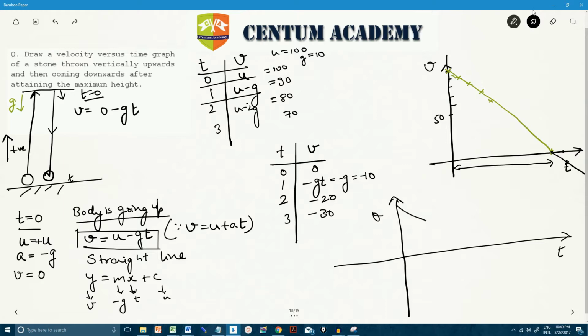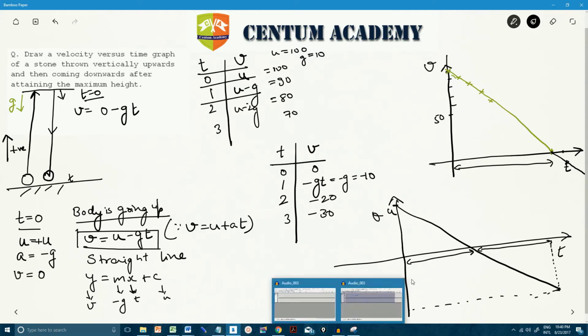Now what are the characteristics of this curve? The time taken to go from the ground to the highest point will be equal to the time taken to cover the same distance back. And the second thing is, the magnitude of the initial velocity was u. So the velocity of the particle just before hitting the ground will be minus u.